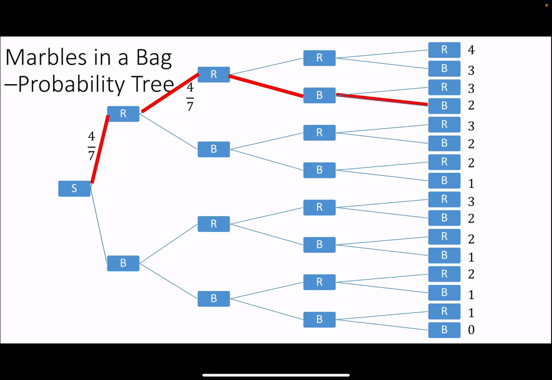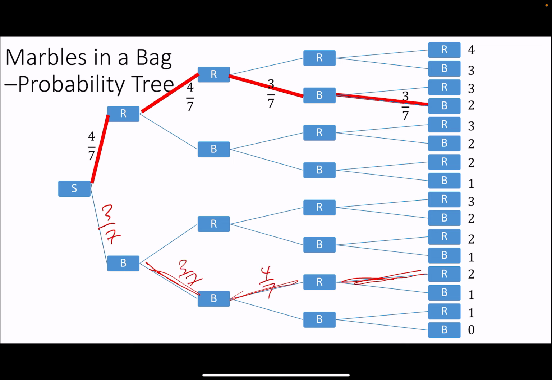Look at this path. It's a different path, but it's 4 over 7 times 4 over 7 again. And this one is the opposite, 3 over 7 times 3 over 7, instead of 4 over 7.